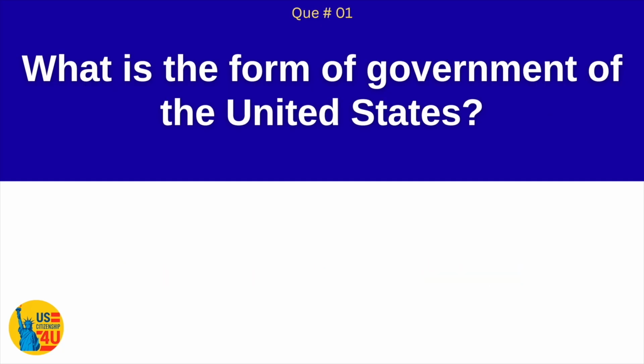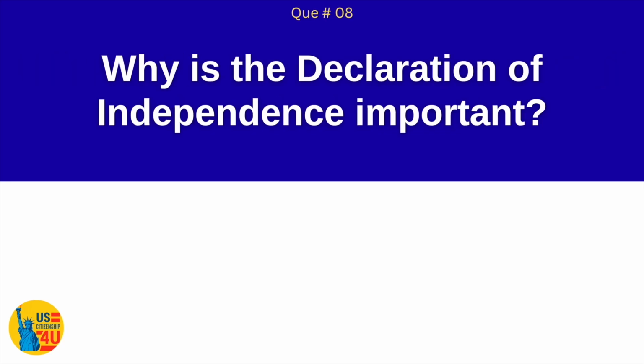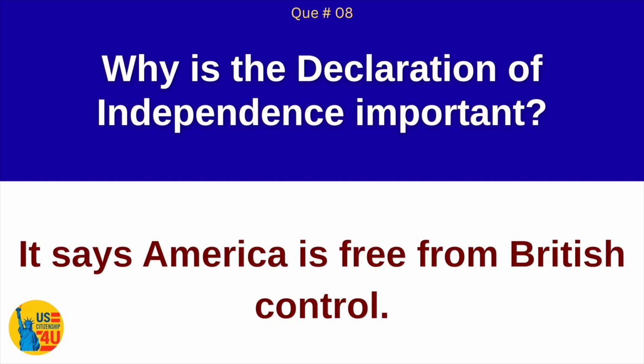What is the form of government of the United States? Republic. Why is the Declaration of Independence important? It says America is free from British control.